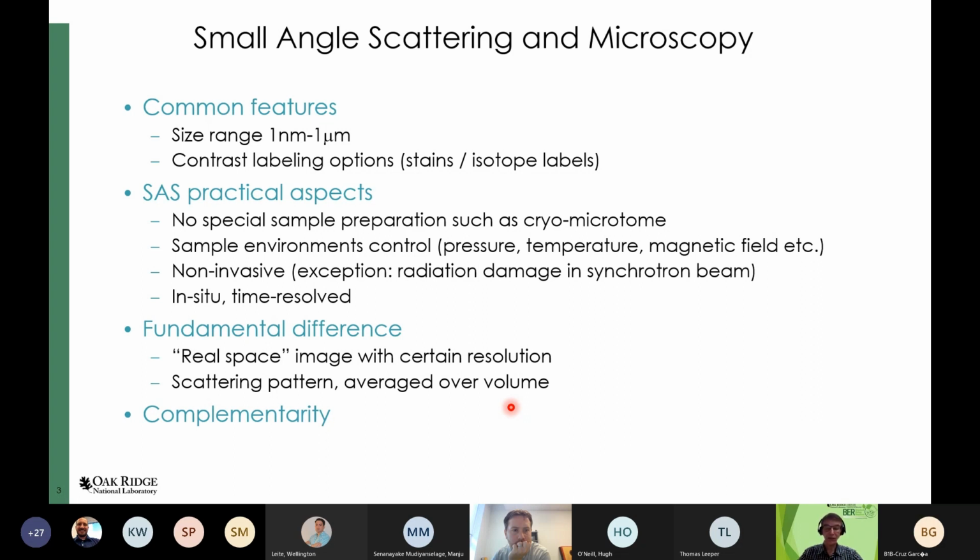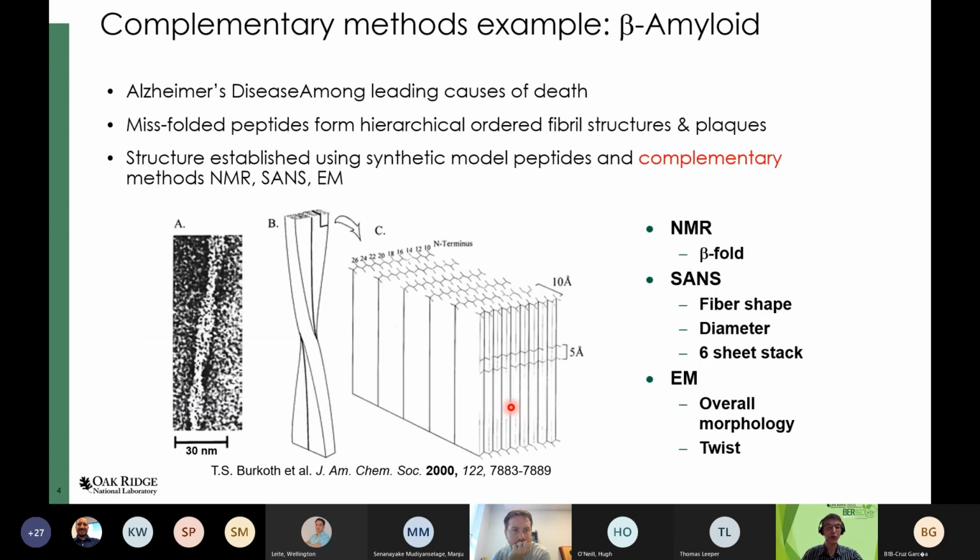And one example I have on my next slide, that's just one example from actually some long time ago. We measured this. These were beta amyloid structures, and you may relate them to being related to Alzheimer's disease. The point I wanted to make here is that with electron microscopy, we were able to find these kind of resolution images where you can see the twist.